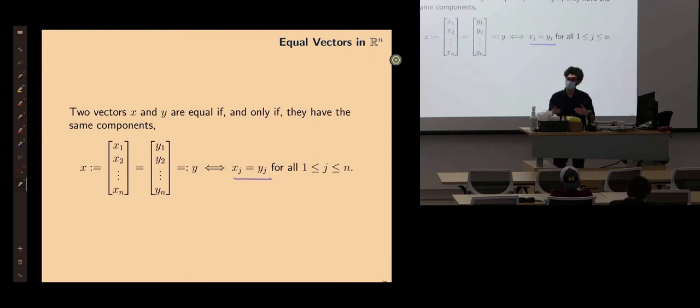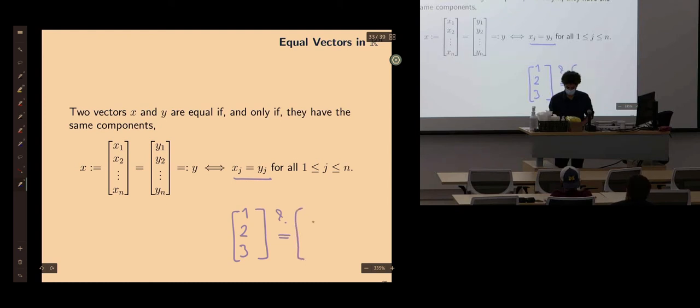So even if one of them is not the same, the equality does not hold. For example, if I have 1, 2, 3, is this equal to 1, 2, minus 3? Is it?